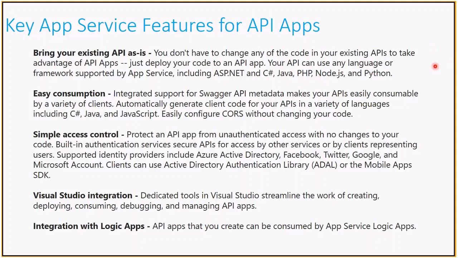You can trigger a script or something else, or trigger an email to your admin saying that we have an increase in users coming on, we have unique users, please check whether he's an authorized user or the right user or not. Things like that you can do with Logic Apps, integrated with the API apps.